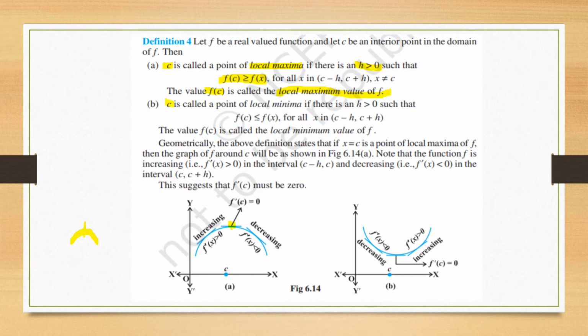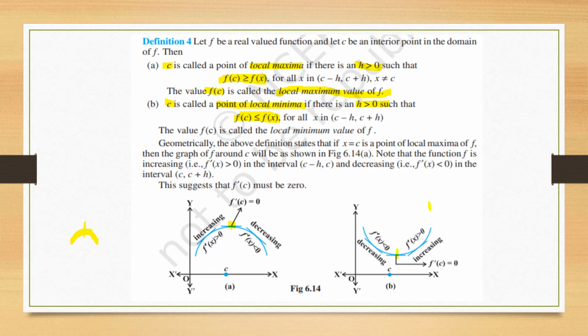Similarly, c will be called a point of local minima if, for h positive, f of c is less than or equal to f of x, like in this case. At this point, c minus h is toward this side, c plus h is toward this side, and all other values are greater, except this value at this point.